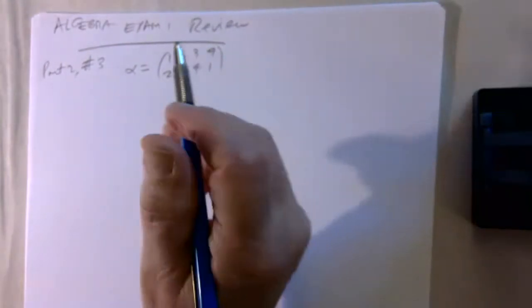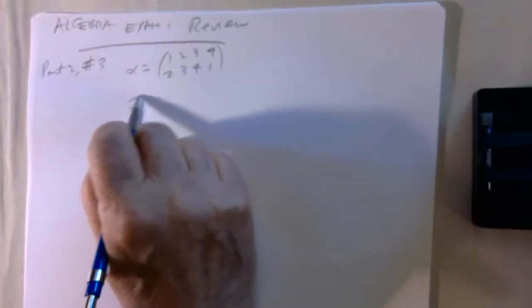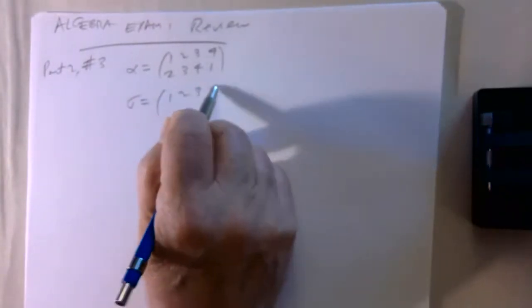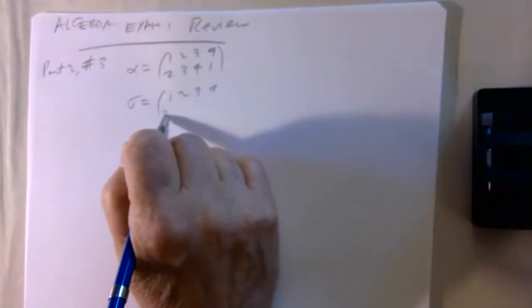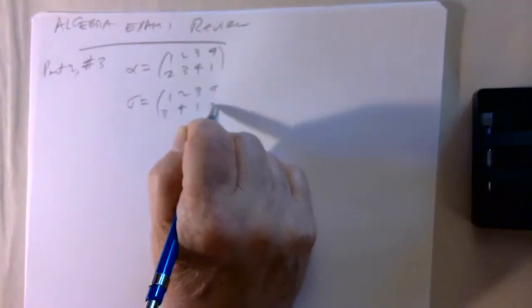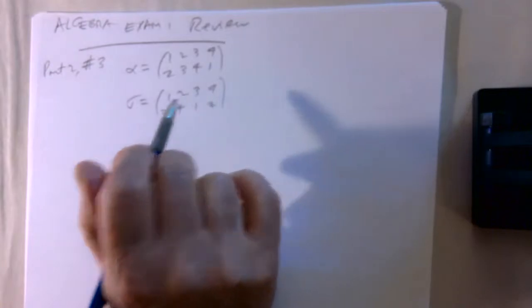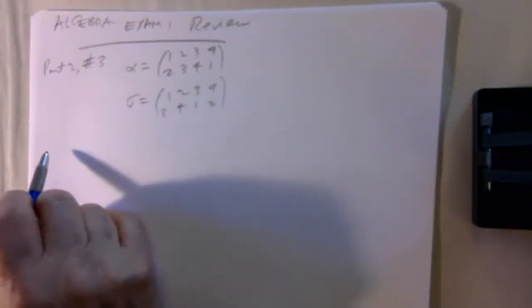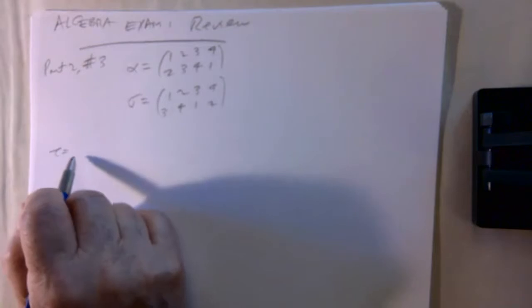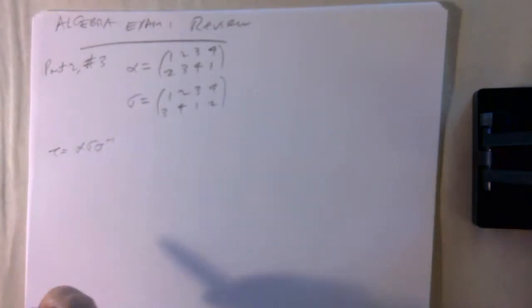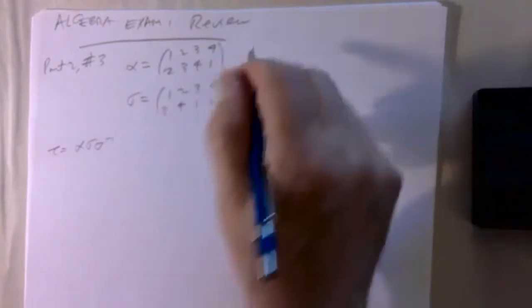And the permutation sigma, which is 1 goes to 3, 2 goes to 4, 3 goes to 1, and 4 goes to 2. And we want to calculate tau, which is alpha sigma alpha inverse. So, of course, we have to know what is alpha inverse.